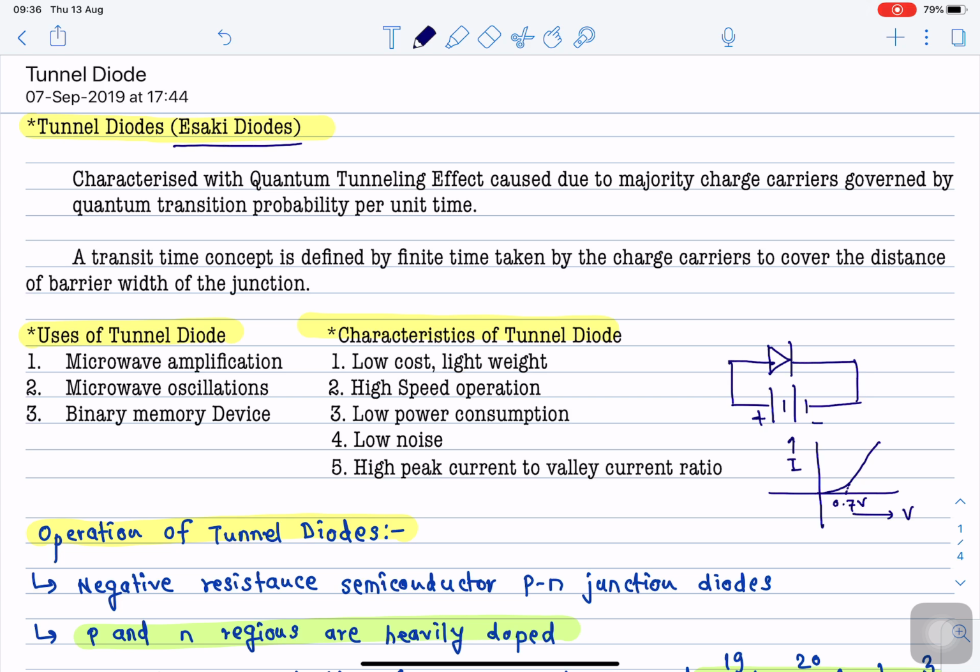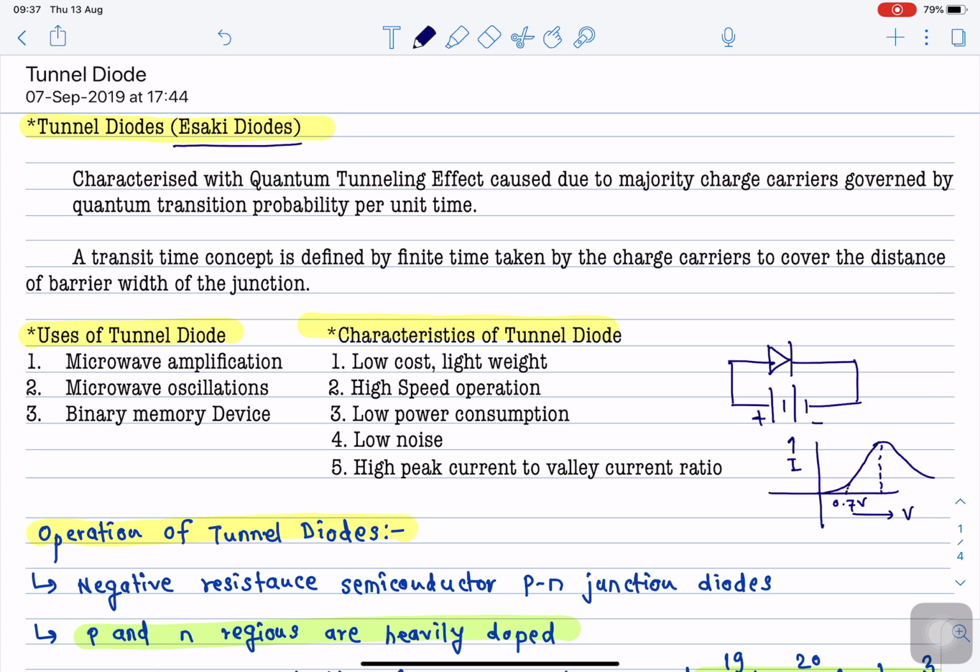Now, there are certain diodes in which, when we exceed a certain threshold applied voltage and extend the voltage beyond that, instead of an increase in current, we will start getting a decrease in current. Even if we increase the applied voltage across the diode, after a certain voltage the current will start decreasing. So that means this is a negative resistance behavior.